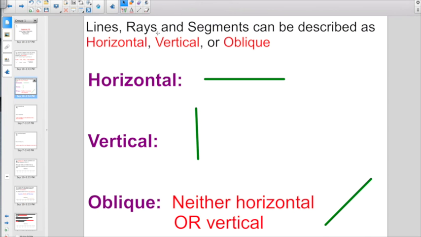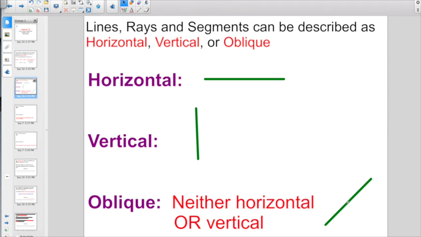So lines, rays, and segments can be described as horizontal, vertical, or oblique. And horizontal, that just means straight left and straight right. Vertical means straight up and down. This word oblique just simply means neither horizontal or vertical.